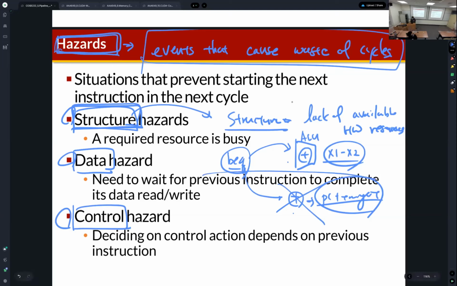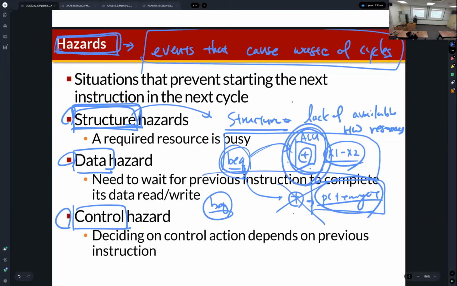So if there is only an ALU, then BEQ needs to use the ALU for the subtraction operation for one clock, and then use the ALU for the add operation for the next clock, which means that BEQ needs to occupy the ALU for 2 cycles. While the ALU is occupied by BEQ, the next instruction cannot use this ALU, right? Then clock cycles are wasted.